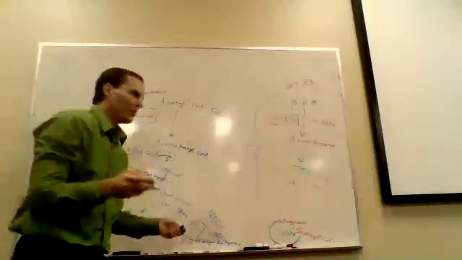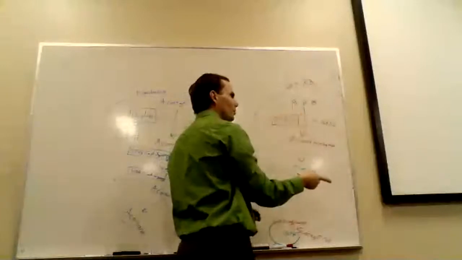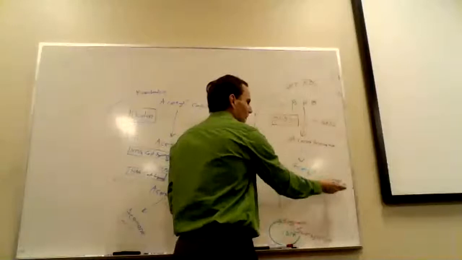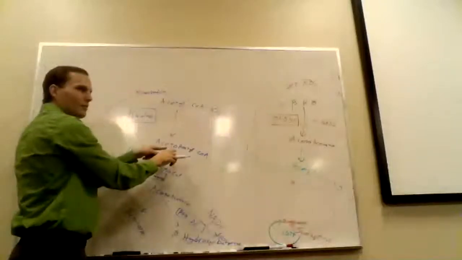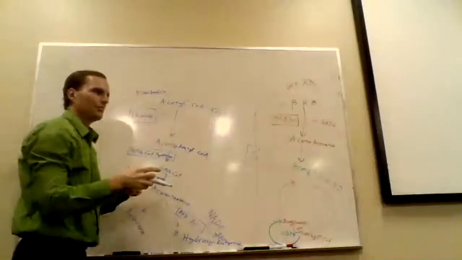So you don't get that 1 GTP. And when she asks you a question, she's going to say, how much do you get out of beta hydroxybutyrate? Well, you get an acetyl-CoA times 2, because it took 2 acetyl-CoA to make the base. So that's 10 times 2.